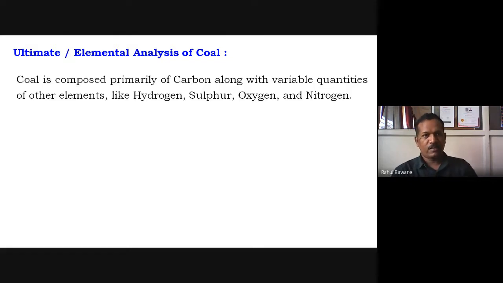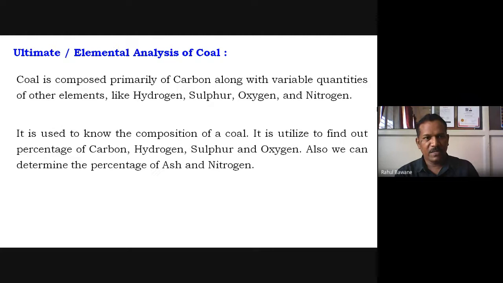So, coal is basically composed of many contents like hydrogen, sulfur, oxygen, nitrogen, and no doubt the main preliminary content is carbon. So in ultimate analysis, we have to find out all these contents in terms of percentage.